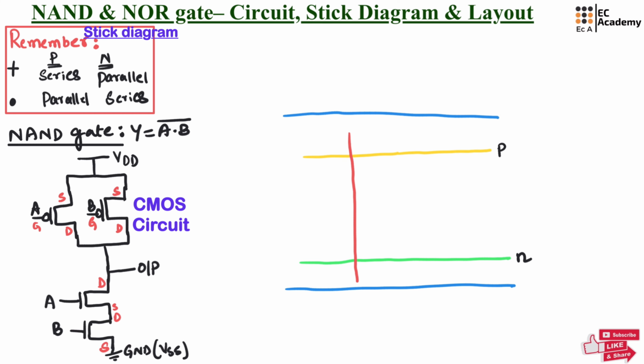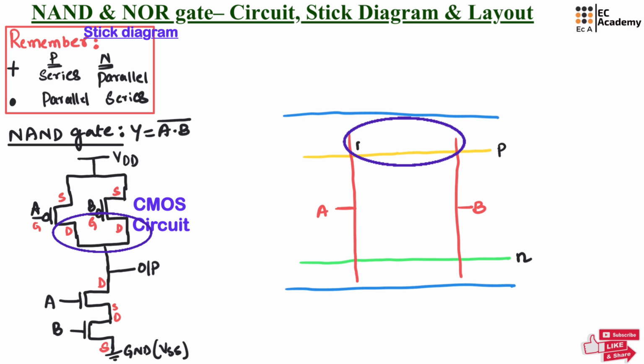Now let us take two polysilicon across this. Now first polysilicon represents A. So this will be PMOS with input A, and this will be NMOS with input A. This will be PMOS with input B, and this will be NMOS with input B. In the circuit, for PMOS, both the drain terminals of A and B are shorted.